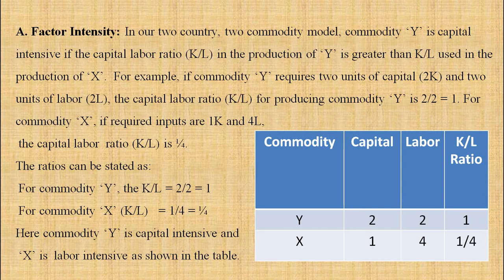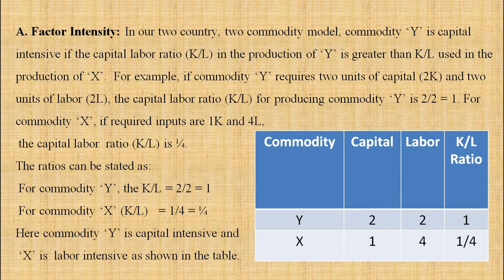For commodity X, the required inputs are 1K and 4L, 1 capital and 4 labor. The capital labor ratio is K/L, that is 1 by 4.